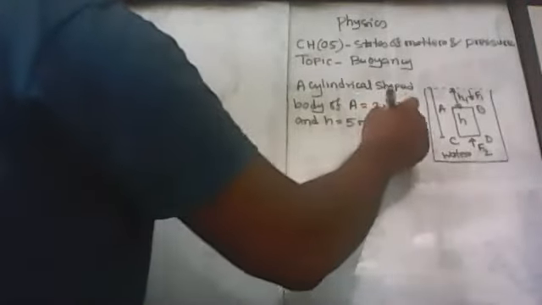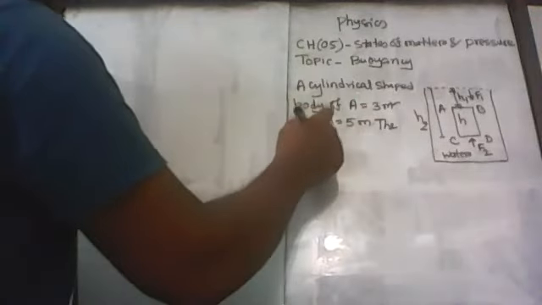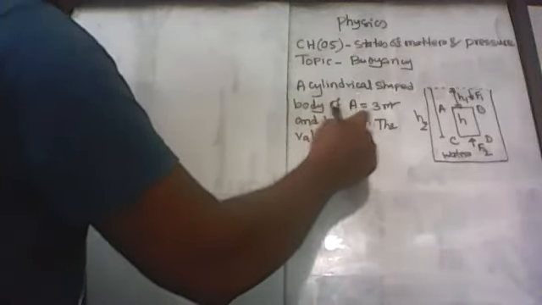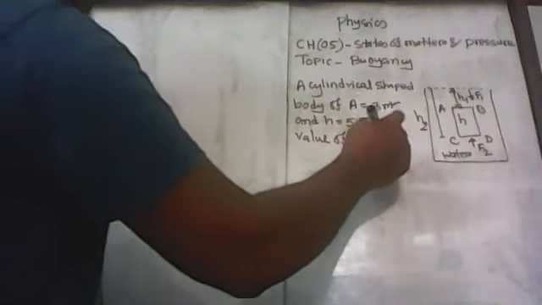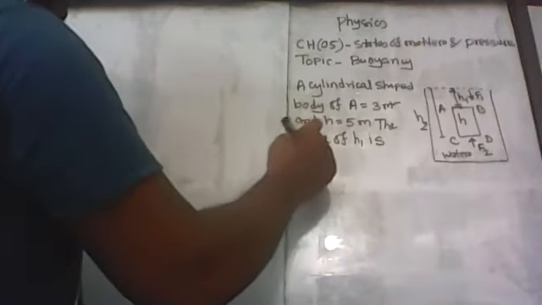The values of H1 and H2 are respectively: H1 is 3 meter.